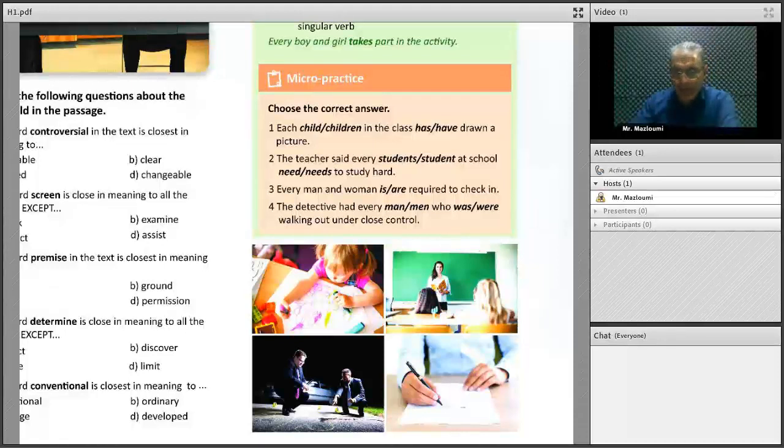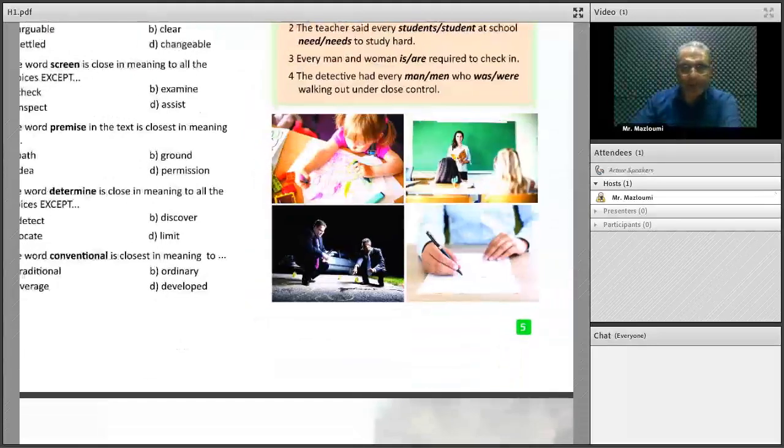Number three, every man and woman, remember with every man and woman is required to check in. Number four, the detective had every, again, every man who was, singular verb, who was walking out under close control.